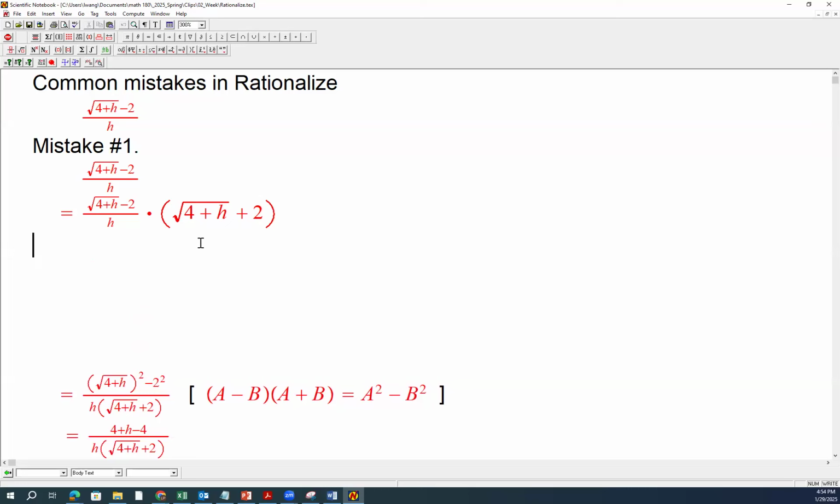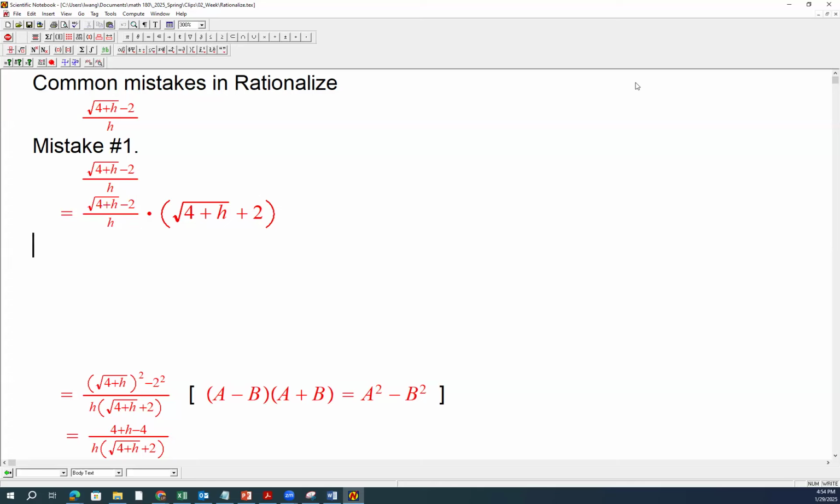Why is this a mistake? Because these two are no longer guaranteed to be equal, because we don't know if this piece is one. Obviously this is not going to be one, so this quantity will not be equal to that quantity.